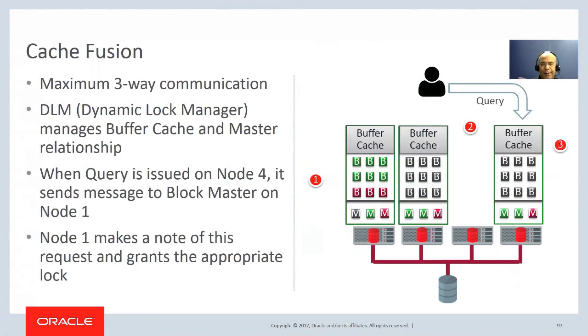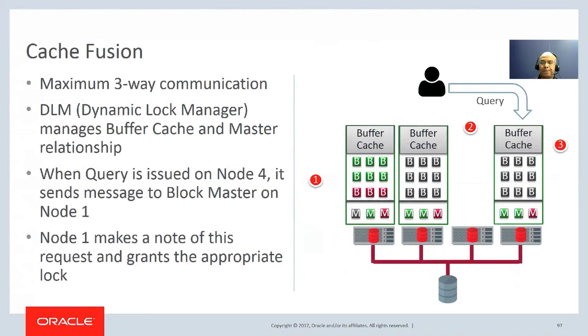Again, like I said, this is done automatically. You don't have to do anything. Different queries, depending on where the block is, are able to take advantage of all the DLM optimizations to reach the block that they want.